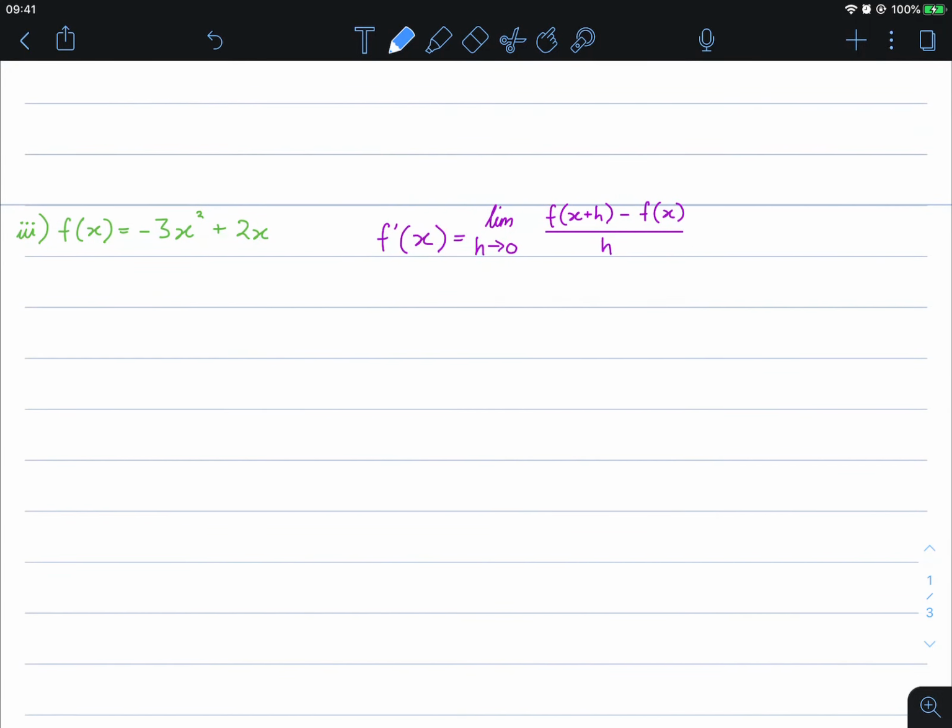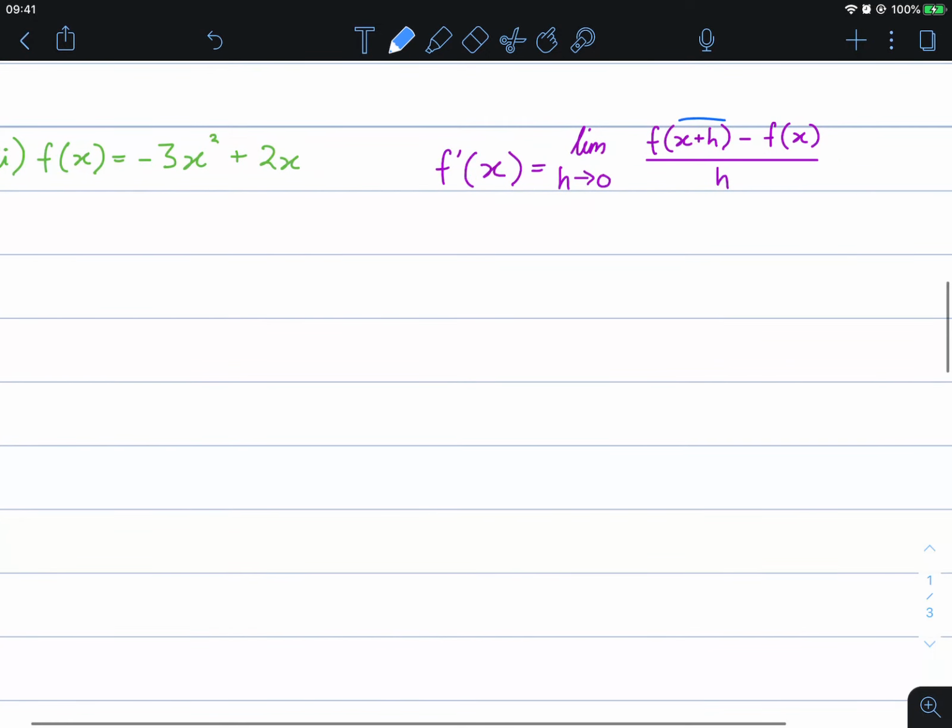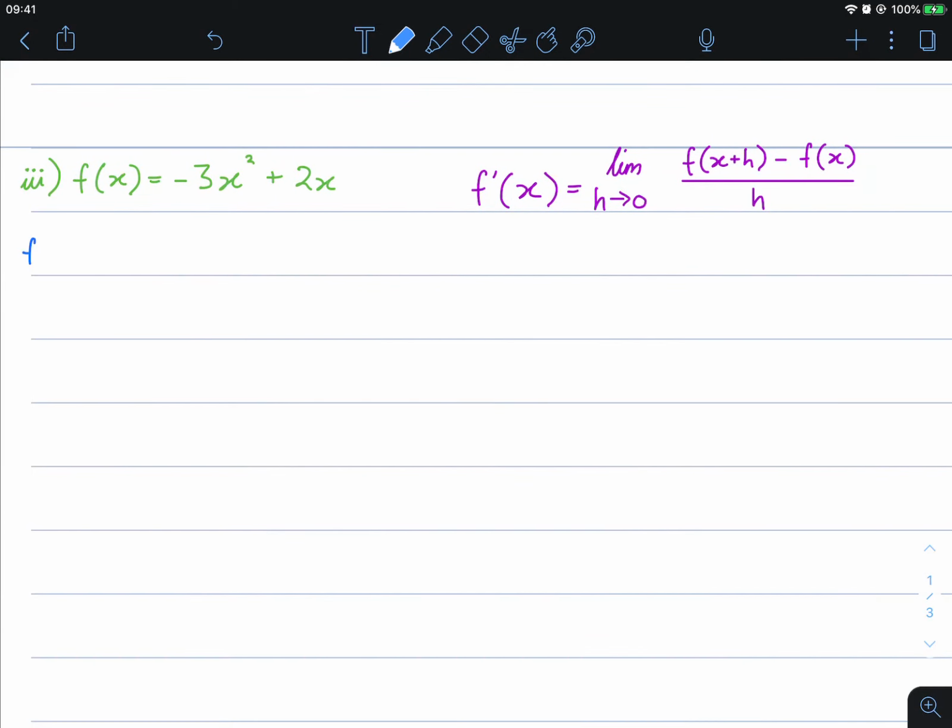Here we go. Once again, we need f of x plus h. So f of x plus h becomes negative 3 bracket, substituting x plus h into here, and substituting it as well into here.